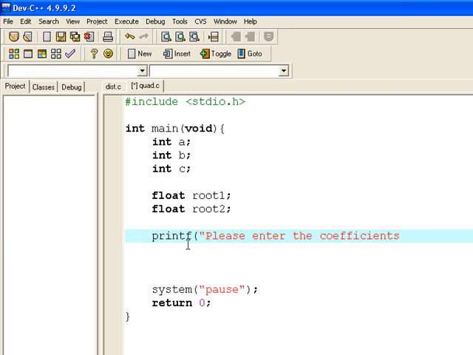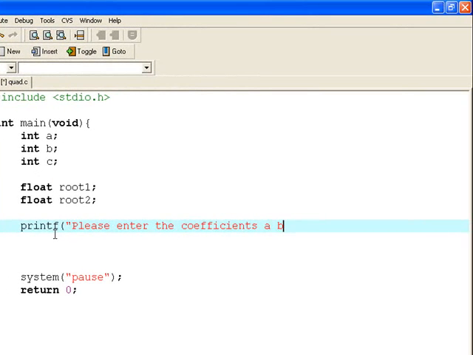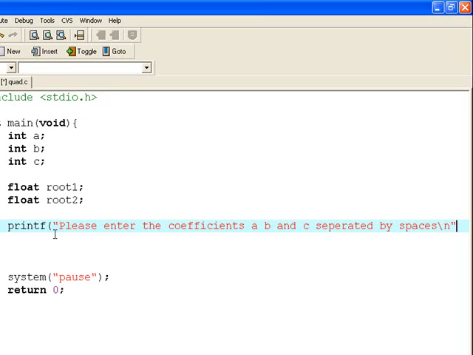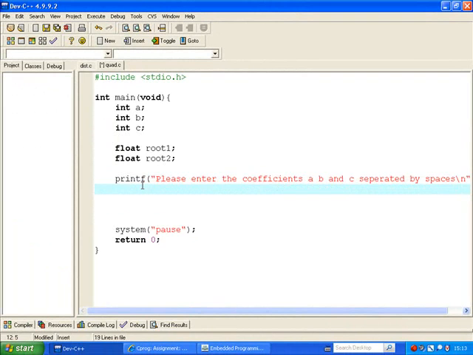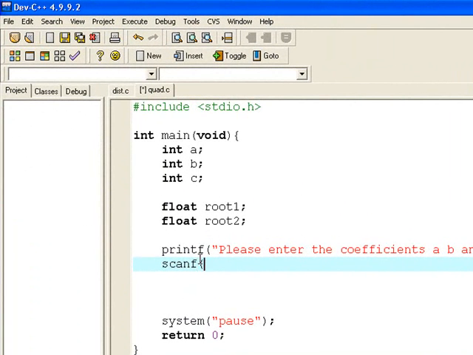So: please enter the coefficients a, b and c separated by spaces. Three integers here.